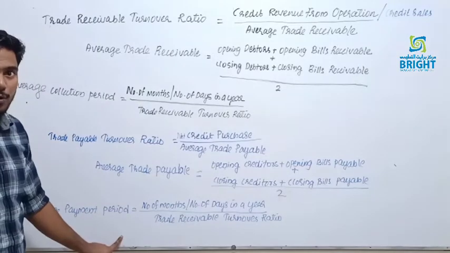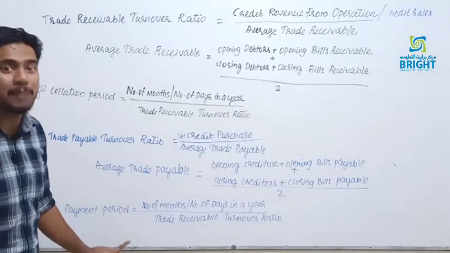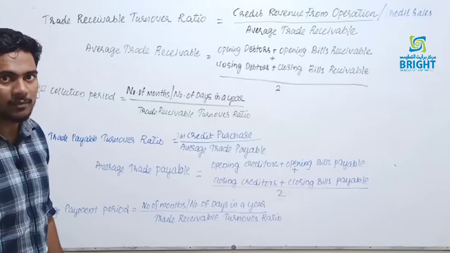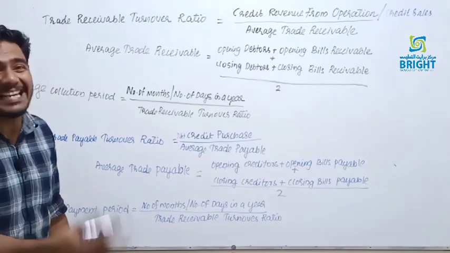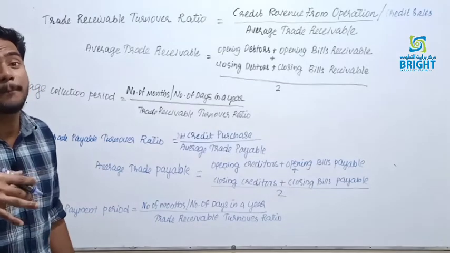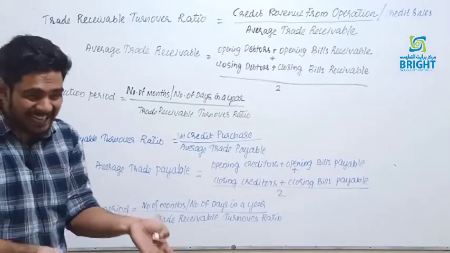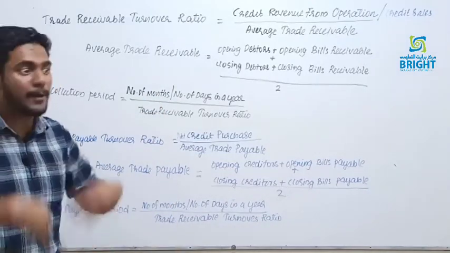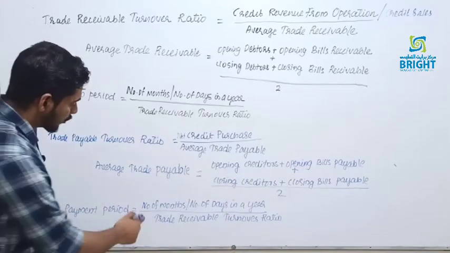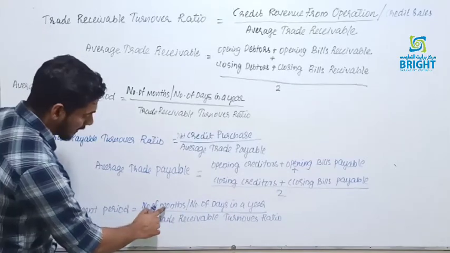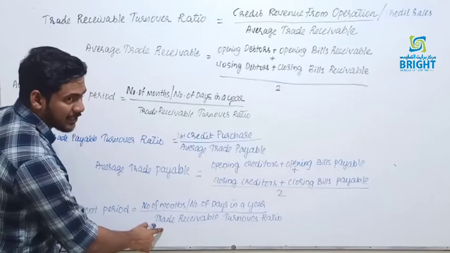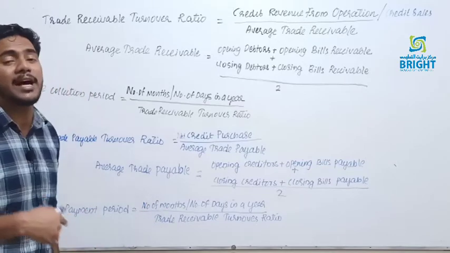Then average payment period also. This you are also finding in months or days. Within how many days you are paying back your debt. This was within how many days you are collecting back your debt. This is you are paying back. So number of months, if you are using 12 months divided by trade payable turnover ratio, within how many months you are paying back.